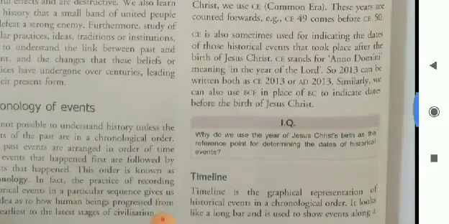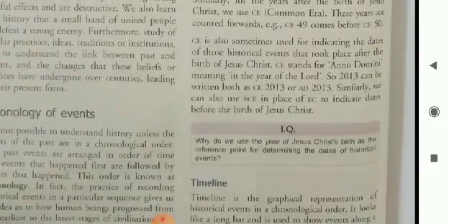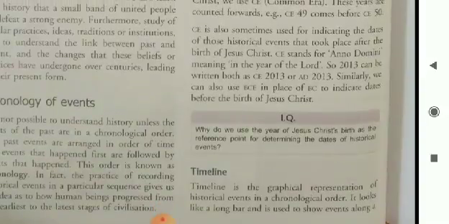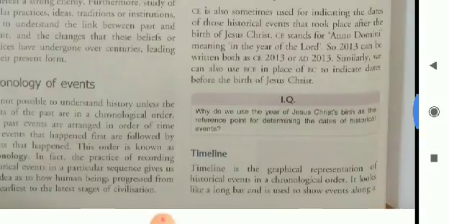Similarly, for the years after the birth of Jesus Christ, we use Common Era. These years are counted forwards. For example, CE 49 comes before CE 50.